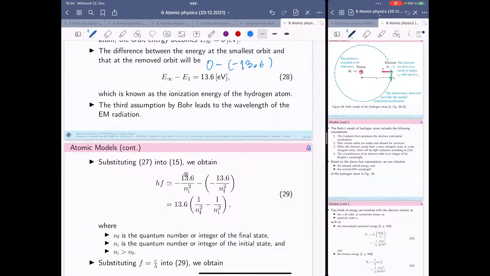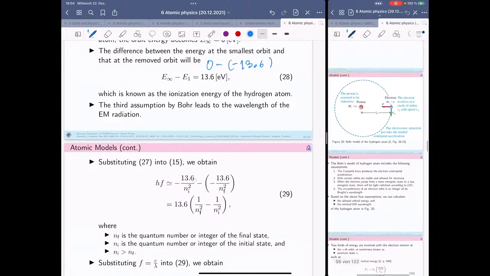You start from, please note, if this is the first state of the electron orbit, the state which is closest, the most possible closest state to the nucleus, that's n=1.